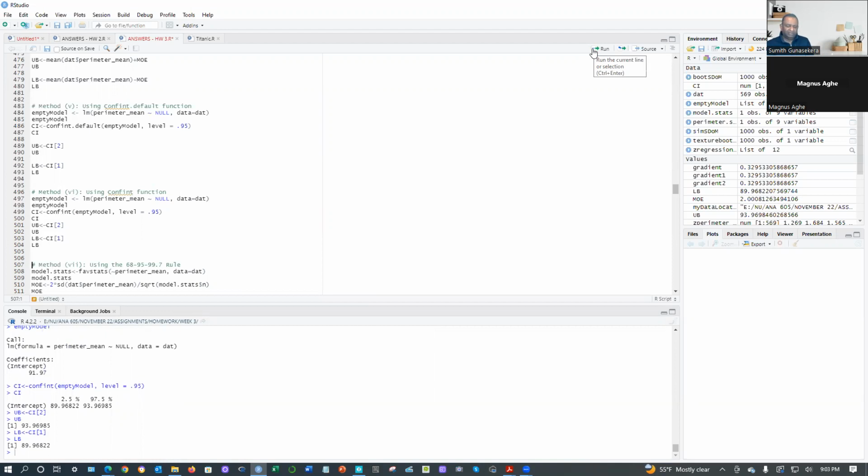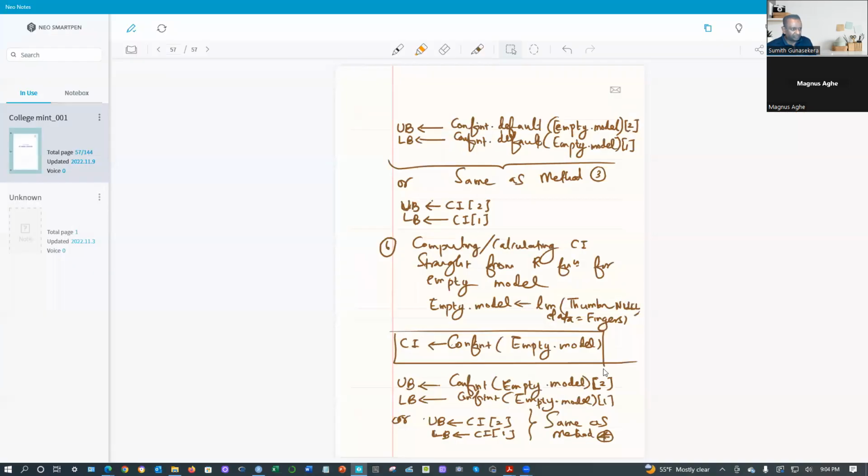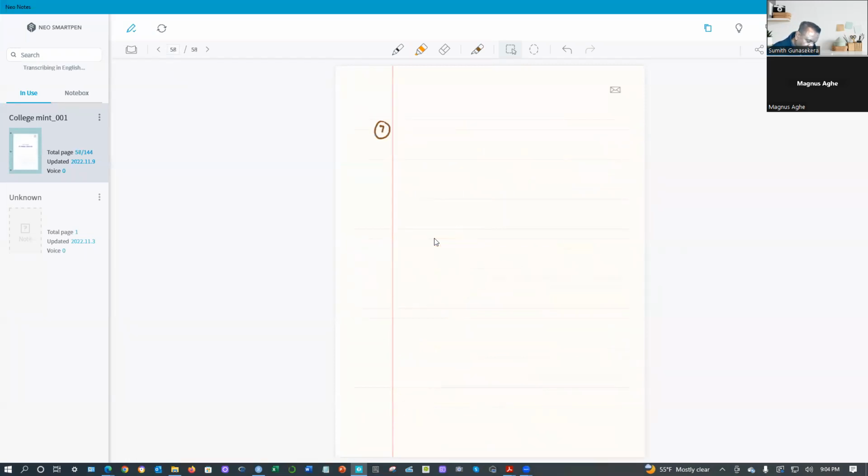So then we have a 7th method. Method 7 is based on the rule. I'm talking about the mean, okay?